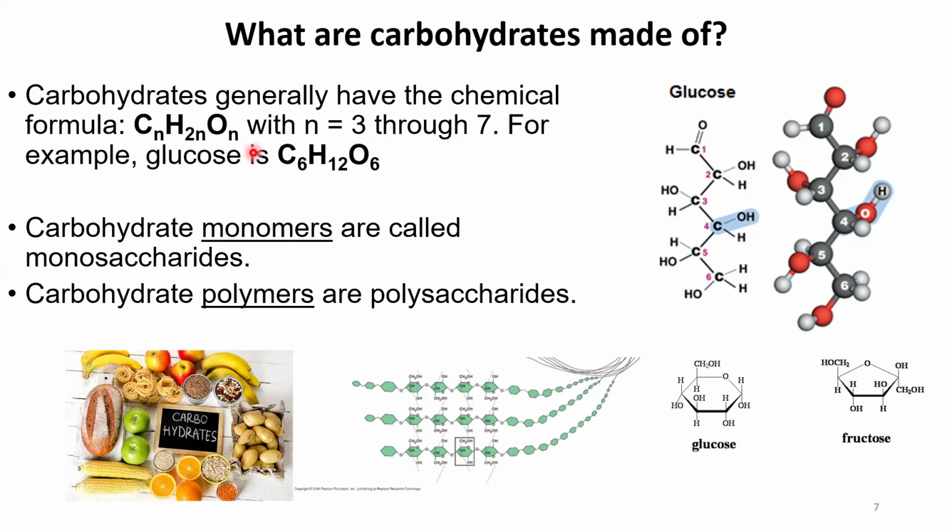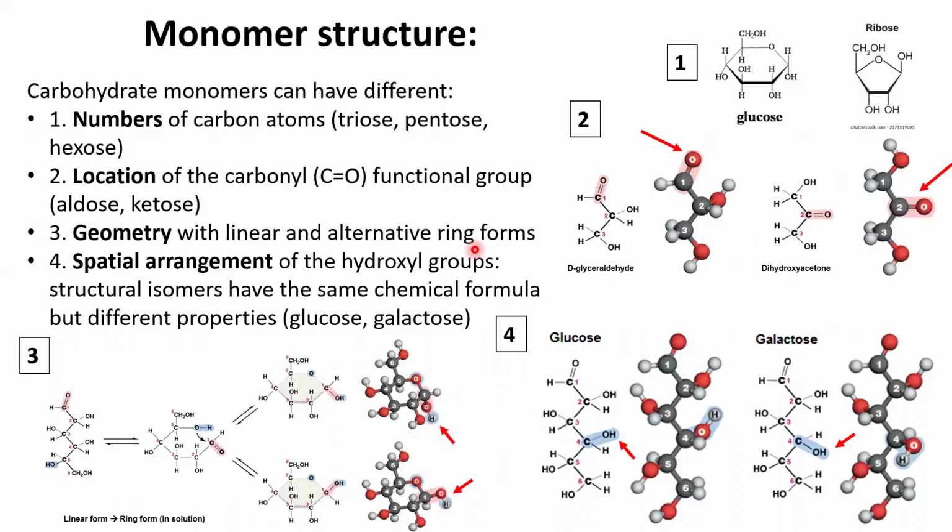For example, if we have 6 carbons, we have 12 hydrogens and 6 oxygens. This is the chemical formula for glucose. The monomers of carbohydrates are called monosaccharides, and the polymer version of carbohydrates are called polysaccharides.